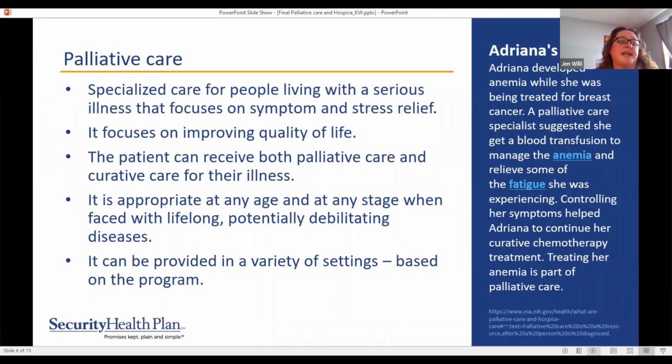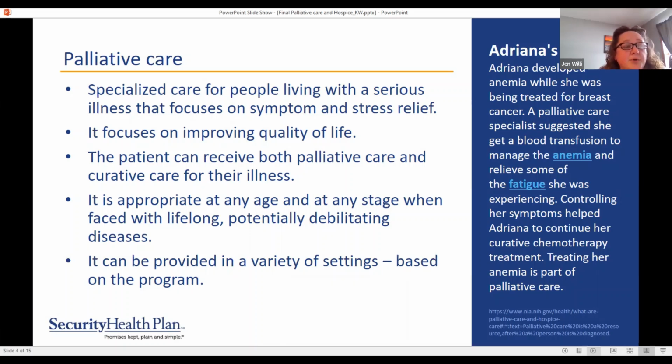So what is palliative care? What does it mean? So it's a specialized type of service that focuses on people living with a serious illness. The main goal is symptom and stress relief. It's going to focus on improving the quality of someone's life by helping with the symptoms of their disease. The focus is improving each day so that people can live it to their fullest.